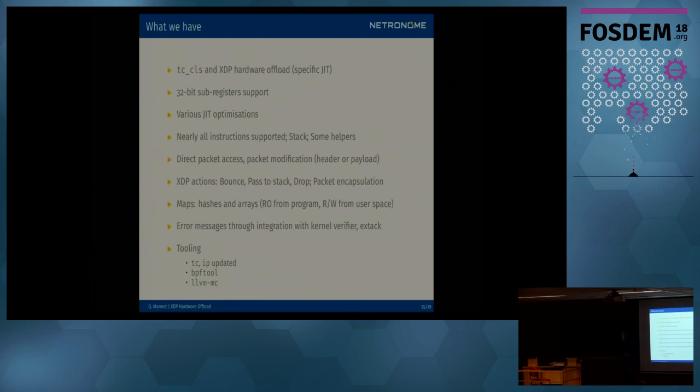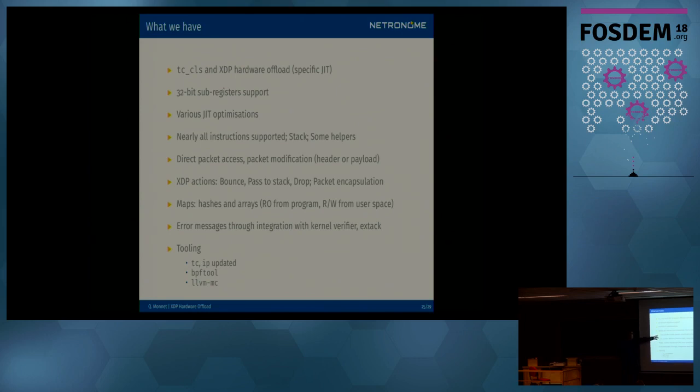So if I summarize what we already have in the kernel and in the cards, we have TC and XDP hardware offload. We are working on 32-bit registers. We have various JIT optimizations. Nearly all eBPF instructions are supported. We support the stack. We support some helpers, not much, but a couple of them.